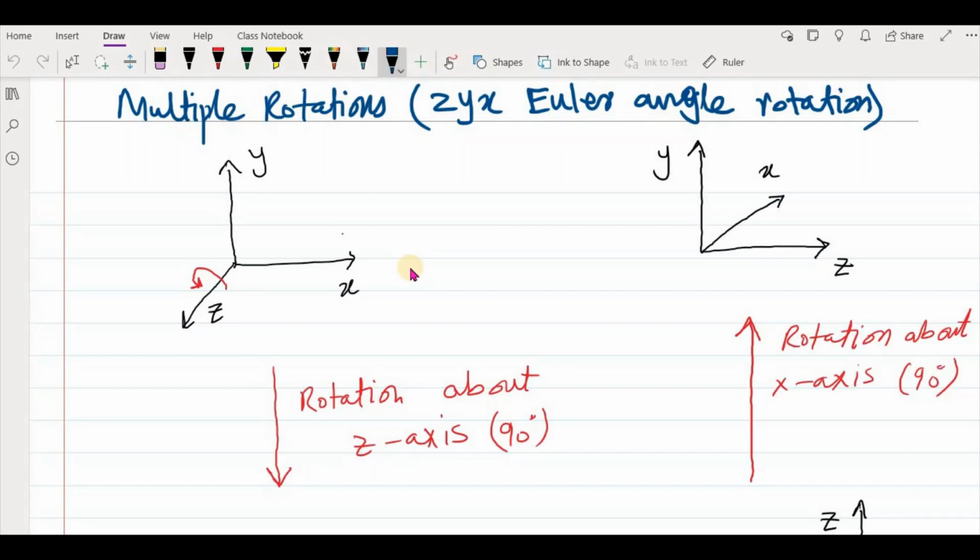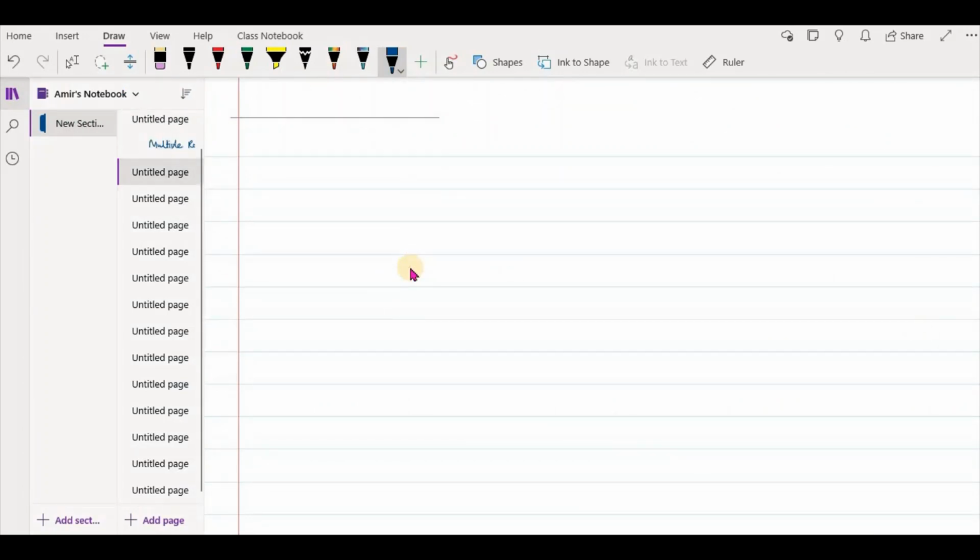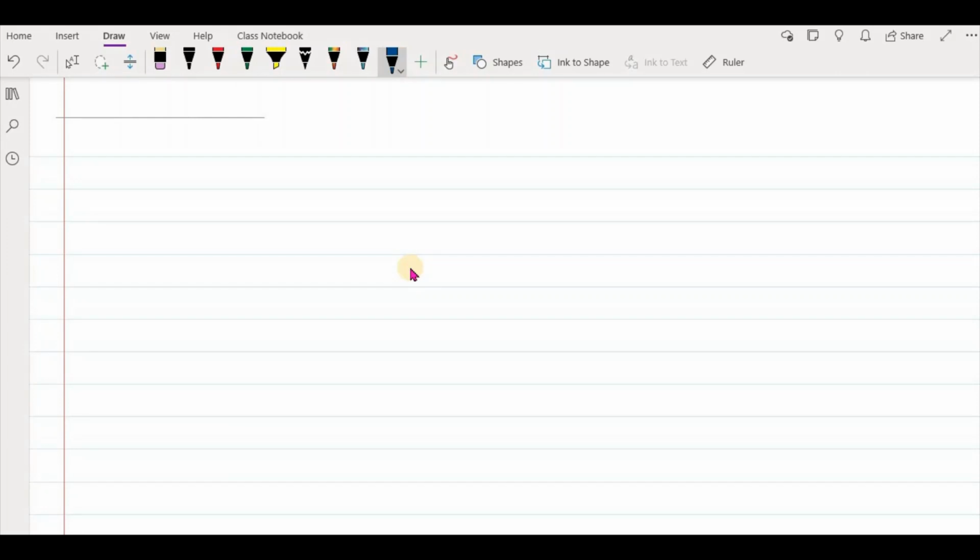Okay, now let's take an example where we have to do some transformation of frames. In the previous lecture, if you remember, we did some transformations, but it was in 2 dimensions. So in this example we shall do 3-dimensional transformations, and let's see how we can do that. So let's say we have one frame here.